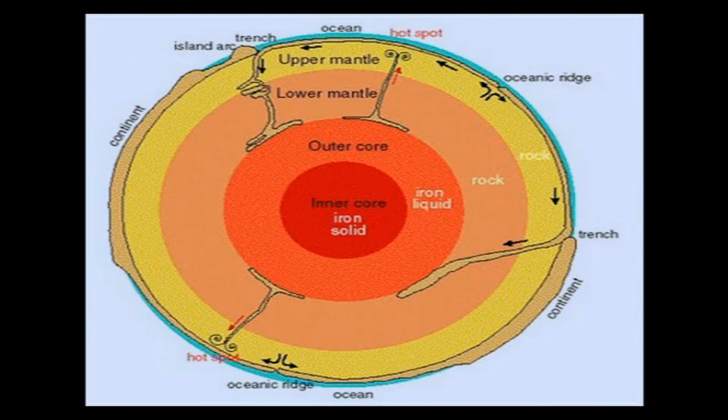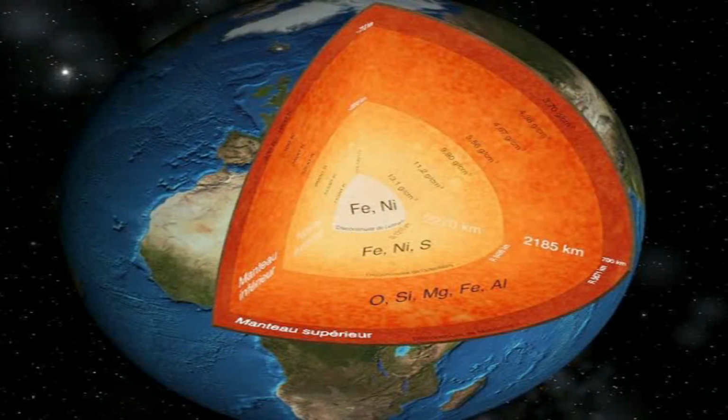Sometimes it is referred to as solid, or sometimes as gaseous, but the opinion is more towards the Earth's interior being solid, and it is also known as Nife. Nickel and iron are the major constituents of the Earth's interior.